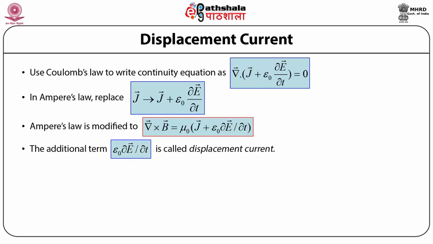Here the additional term epsilon naught del by del T of electric field vector E, that is, the time variation of the electric field vector E, is called the displacement current.